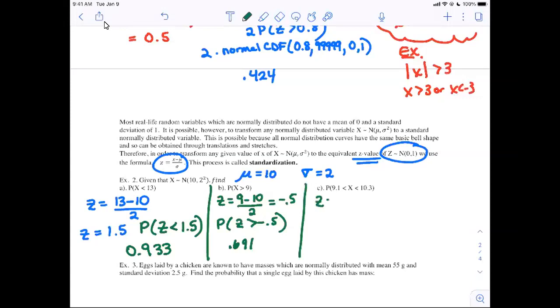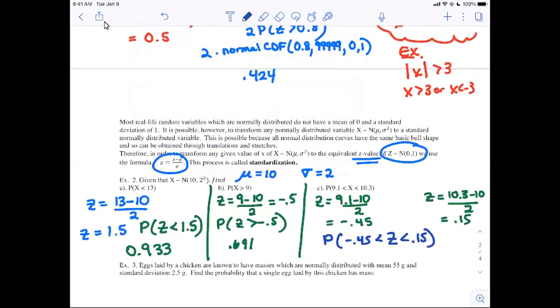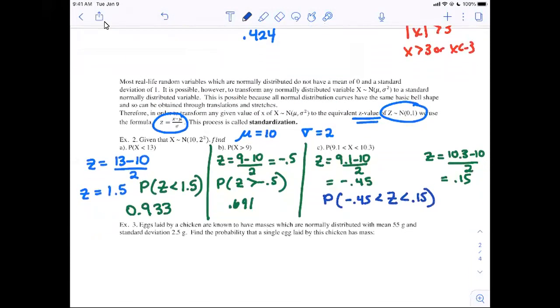So I'm going to do Z is 9.1 minus 10 over 2, and Z is 10.3 minus 10 over 2. And did you get 0.233?